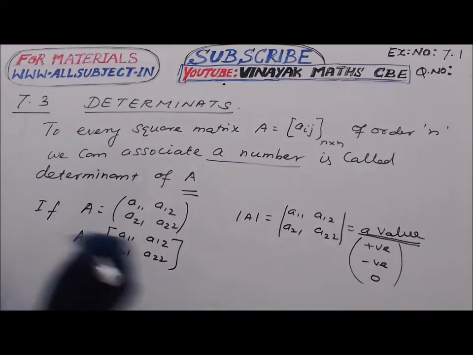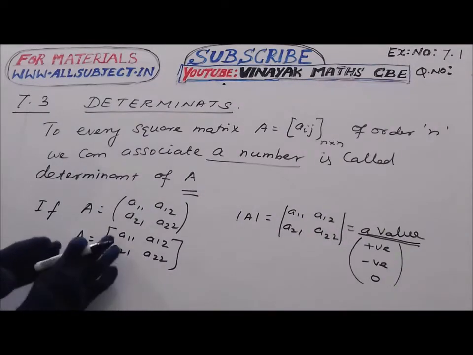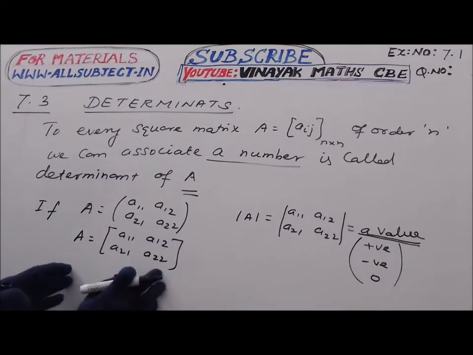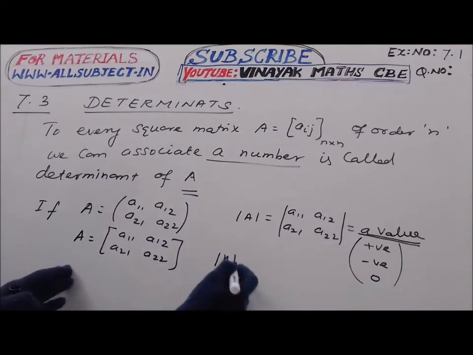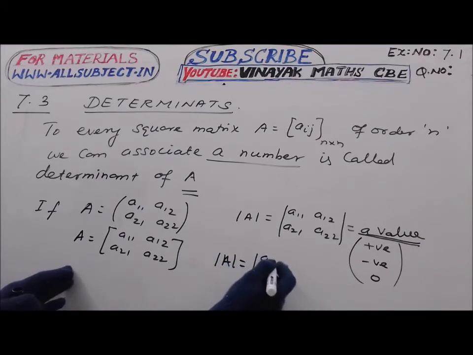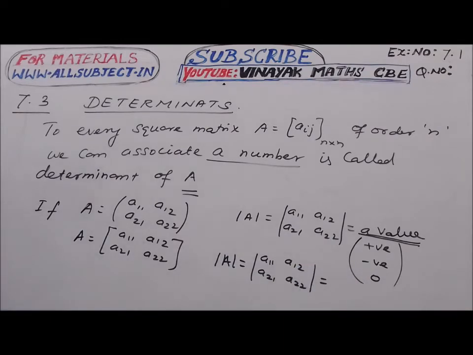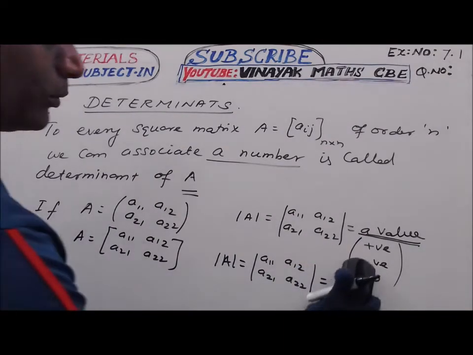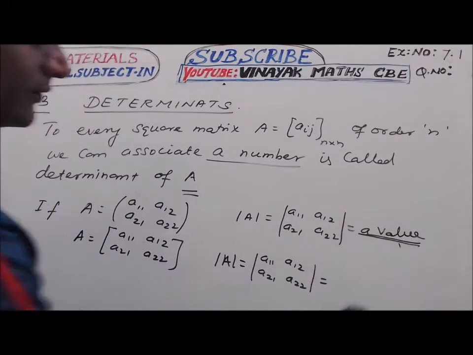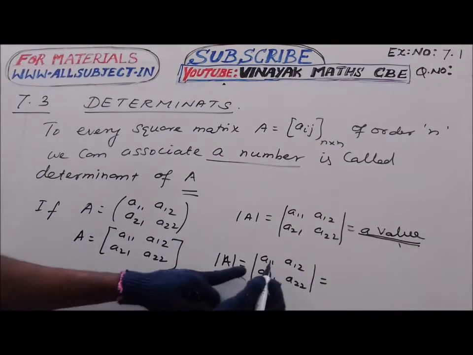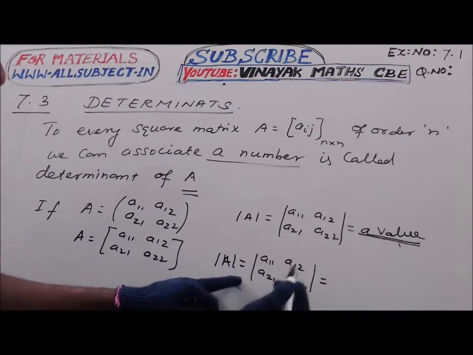And when we write matrix A, this is A11, A12, A21, A22. But determinant of A means determinant of A11, A12, A21, A22. To find its value, let us see how to find the determinant value of a 2 by 2. There are two diagonals present here.